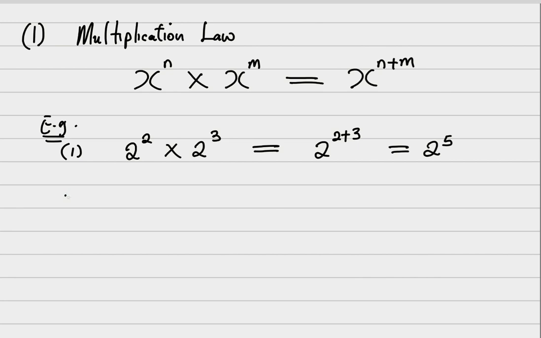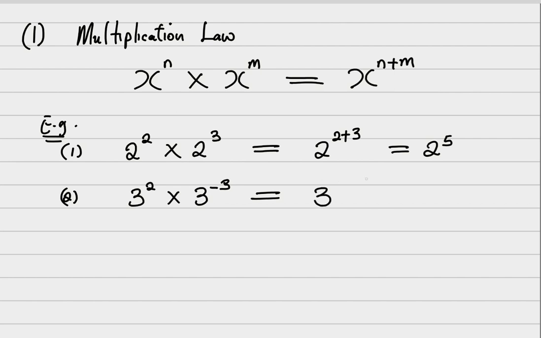Then another example, example 2. If I have 3 raised to power 2 times 3 raised to power minus 3, then the answer is going to be 3, because the bases are the same.